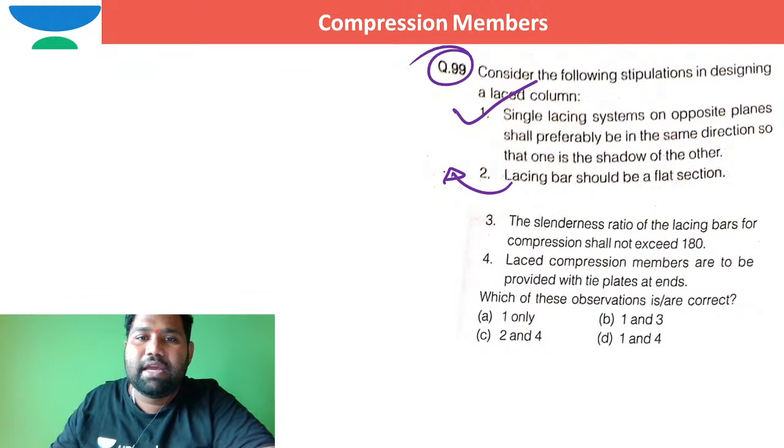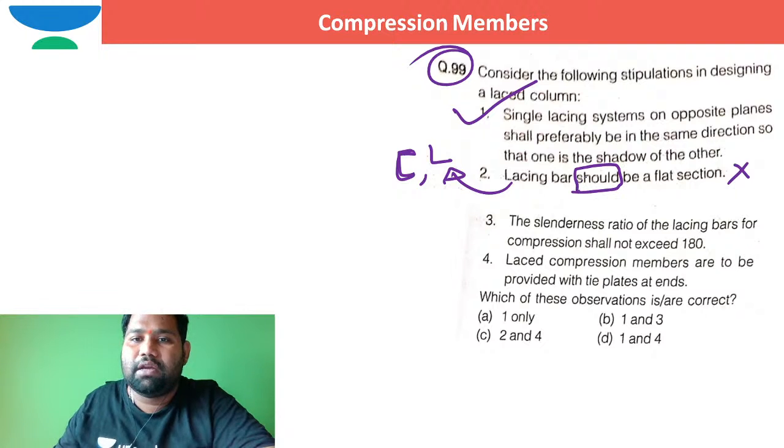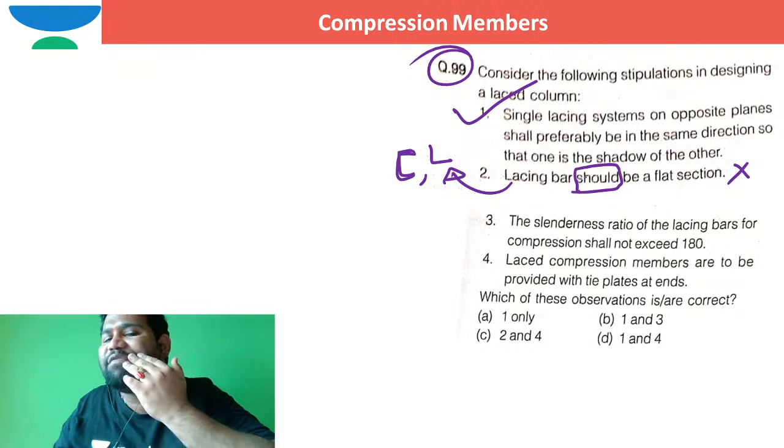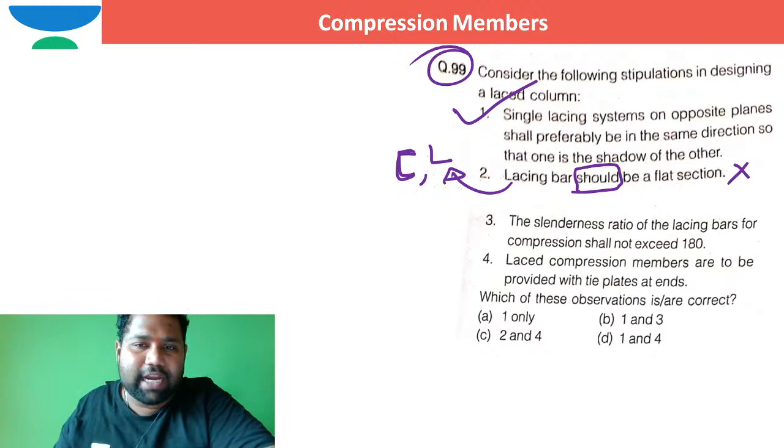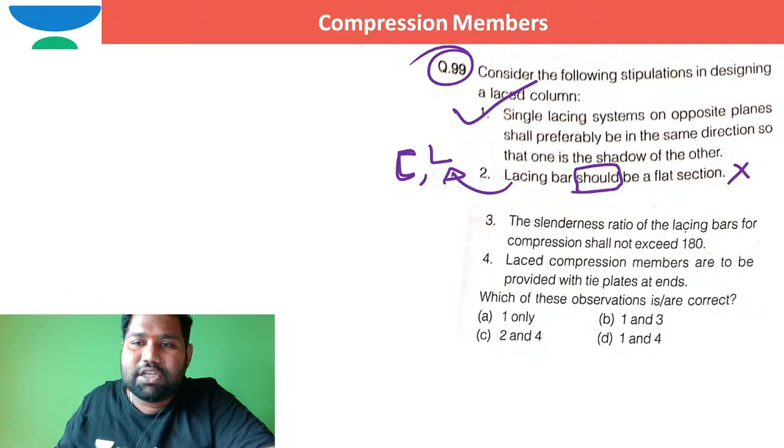A lacing bar can be a flat section, a channel section, or an angle section also. So this is false. Slenderness ratio of lacing bar for compression shall not exceed 180? No, it is not 180, it is 145. So this is also wrong.